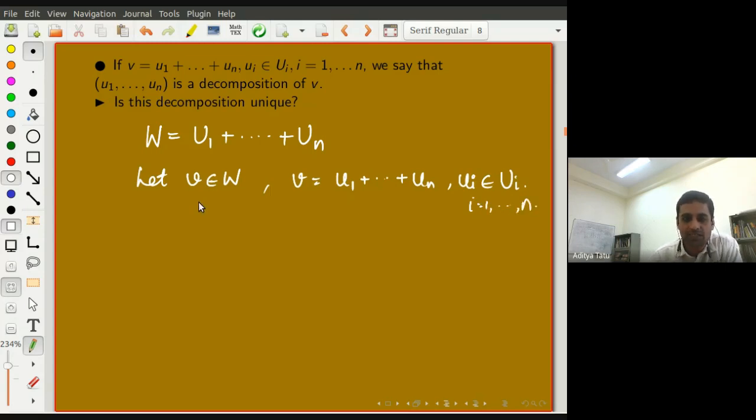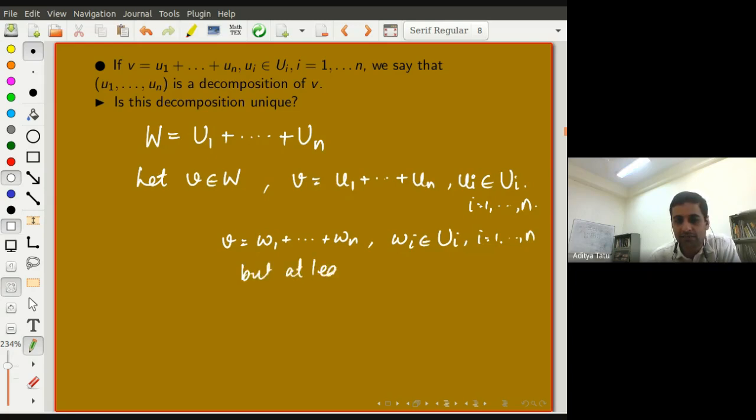Can I also write the same vector v as a sum of some n elements w1 to wn, where each wi again comes from the same subspace Ui, but at least one wi is not equal to the corresponding ui? That is what I mean by non-uniqueness.